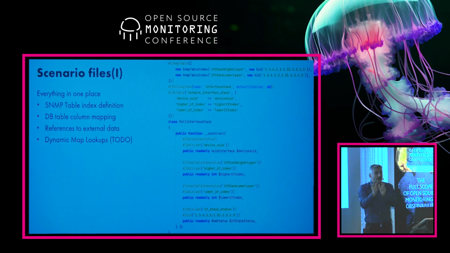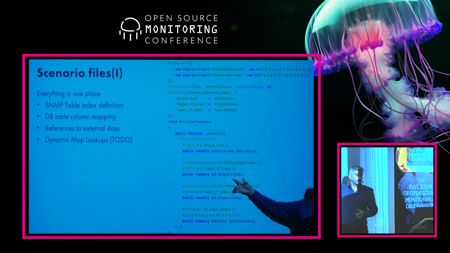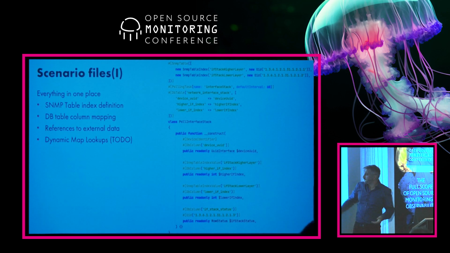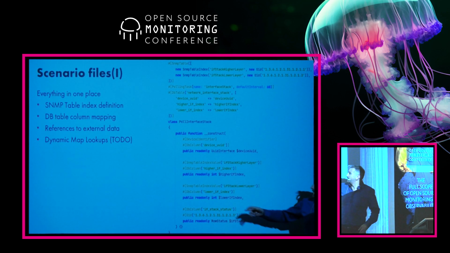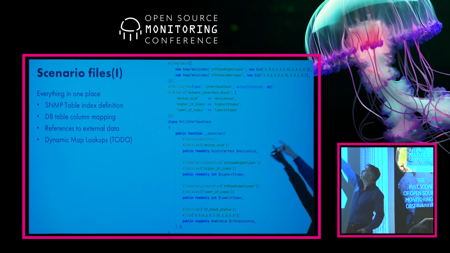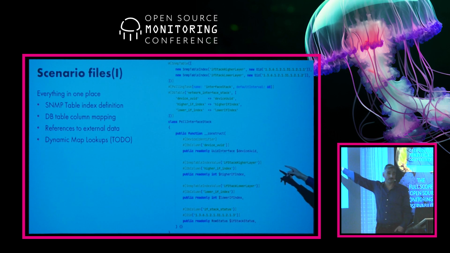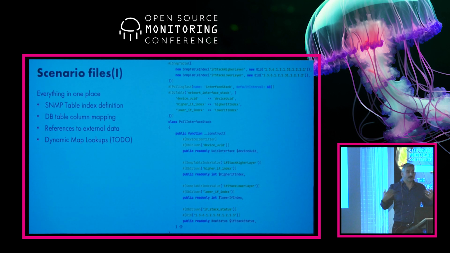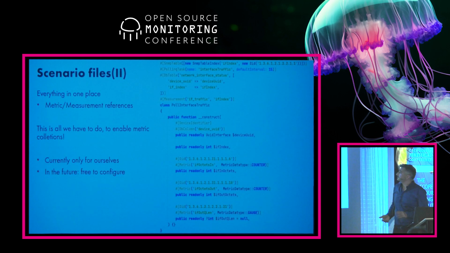So I have to take those two numbers and write them to these properties. And this happens in a kind of automatic way. I tell it, well, this property here picks an index value, and please pick this part of the index, and the index definition tells it how this looks.